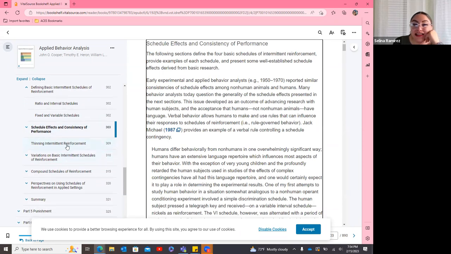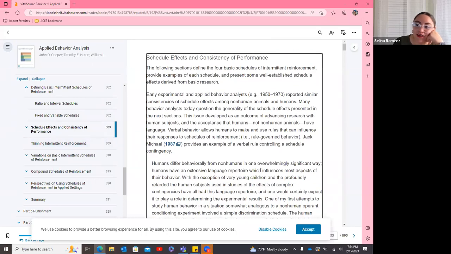Okay, and then thinning reinforcement. One thing about ABA that I've noticed is that they say things that don't really mean what they say, like it means the opposite or backwards. Yeah, like thinning a schedule.